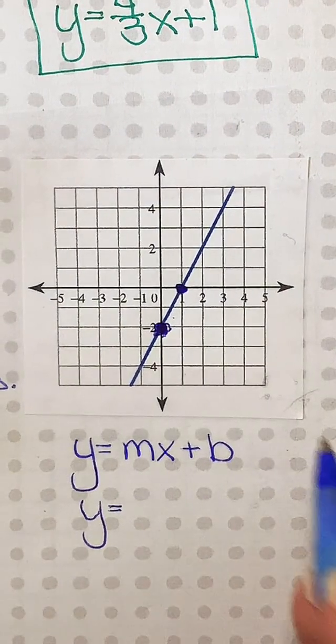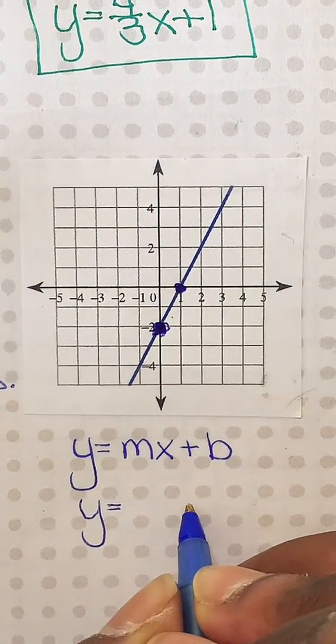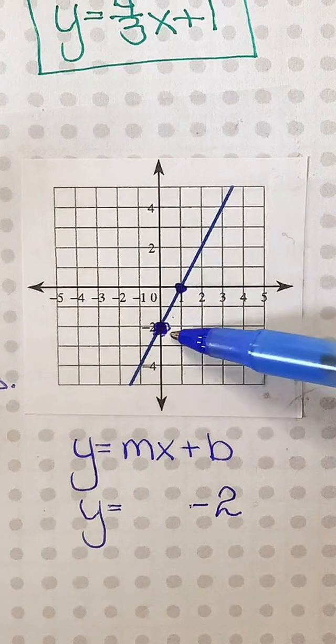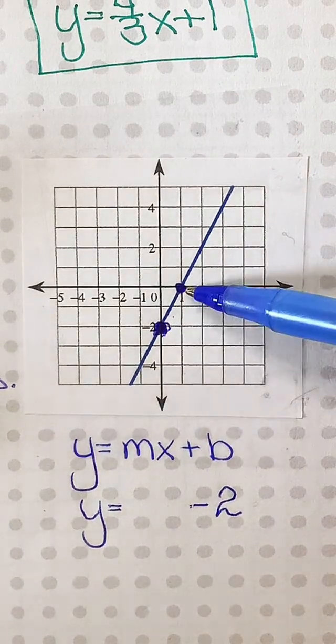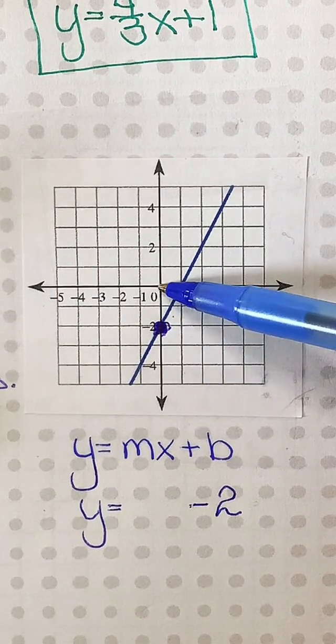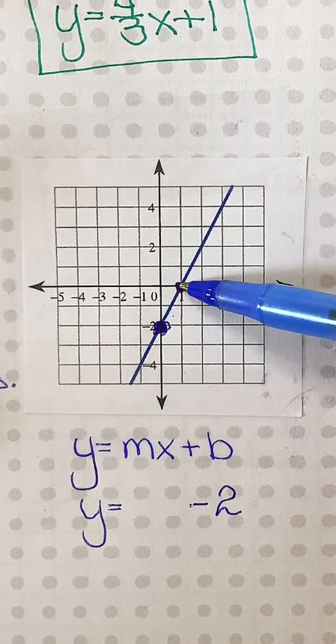All right, so yes, my y-intercept is at -2. For me to go from this point to this point, I would have to go up 2 and over 1.